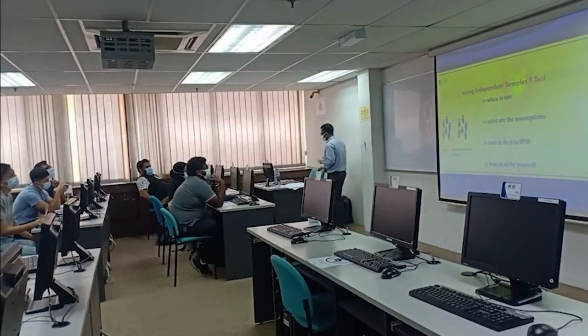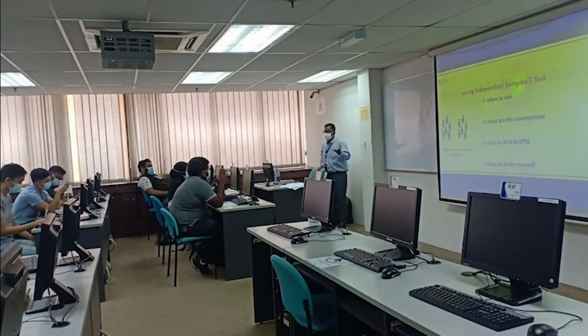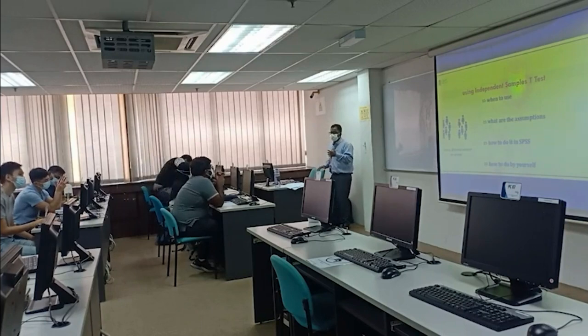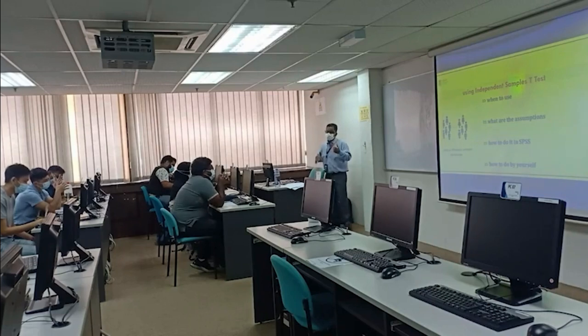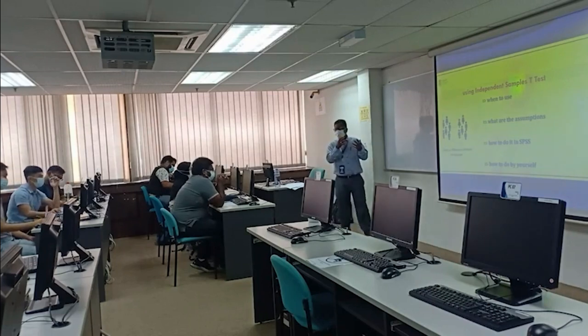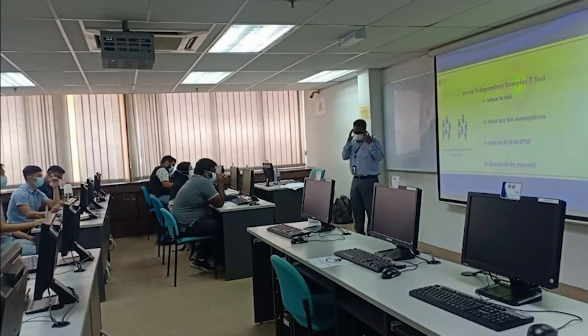What are the assumptions? Assumptions will be the same. Data should be normally distributed. Then what is the second assumption? There is equal variance. Variance should be equal in two groups. Okay. Then what is the third assumption? Yeah, numerical. It should be numerical, either interval or ratio.